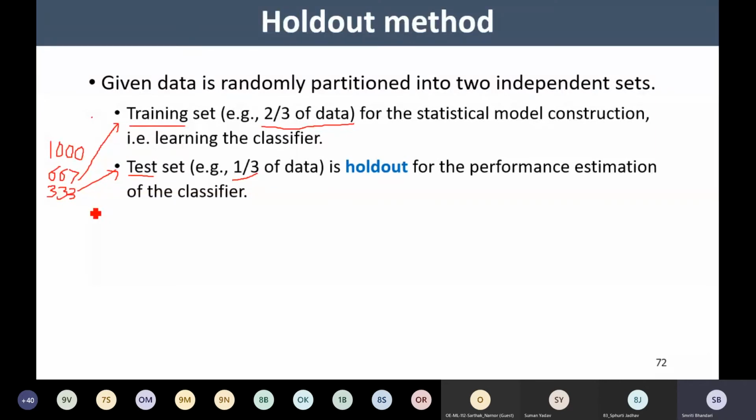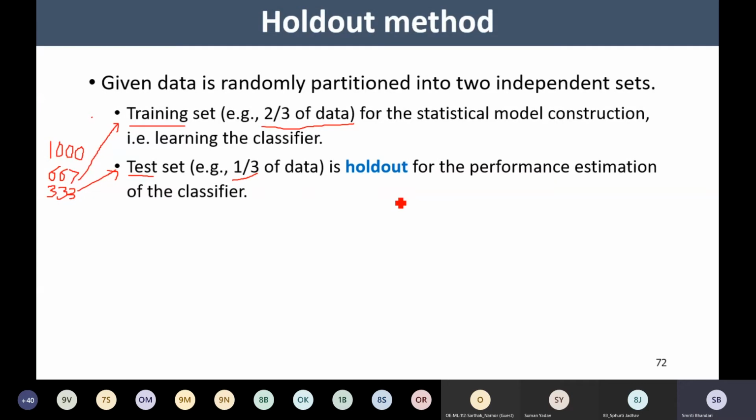These are typical ways of partitioning, but people do not always use 2/3 and 1/3. Sometimes people use a 60-40 partitioning, 60% of the data for training and 40% for testing. It may also happen that people use 70% of the data for training and 30% for testing. Sometimes even 80% for training and 20% for testing.